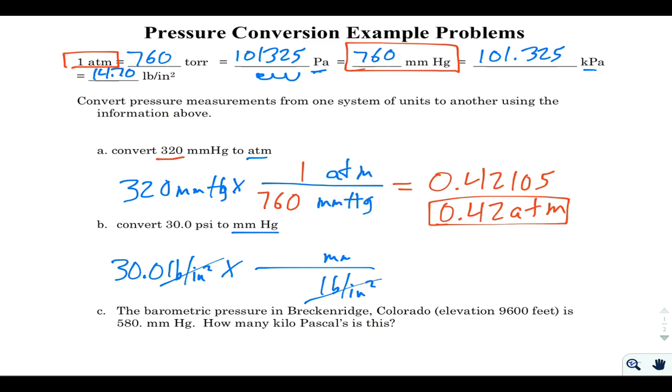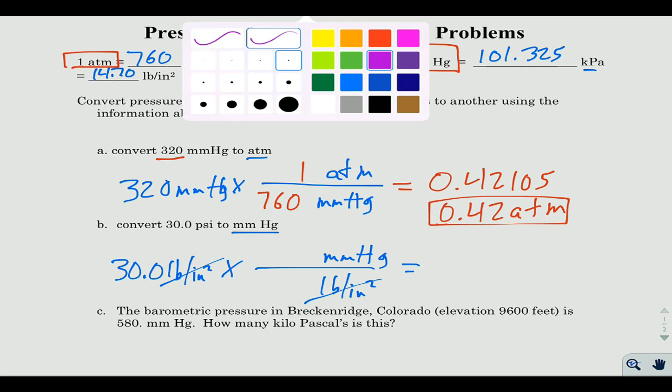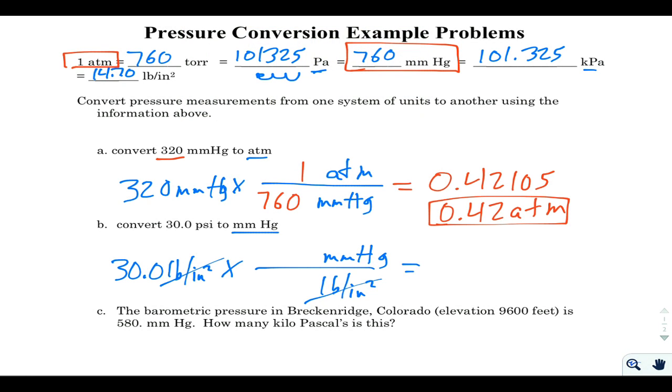And so looking back at our conversions, we know that we have 14.70 pounds per inch squared, so 14.70, and we have on the top millimeters of mercury, so we're still at 760, so the top is 760.